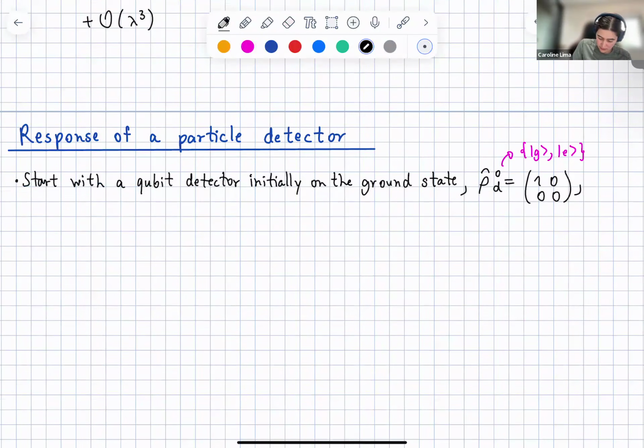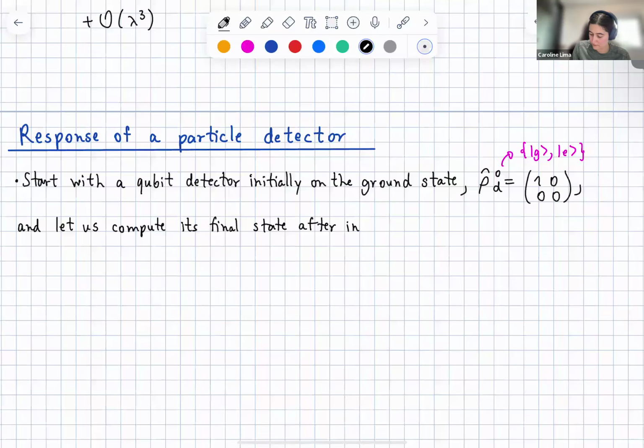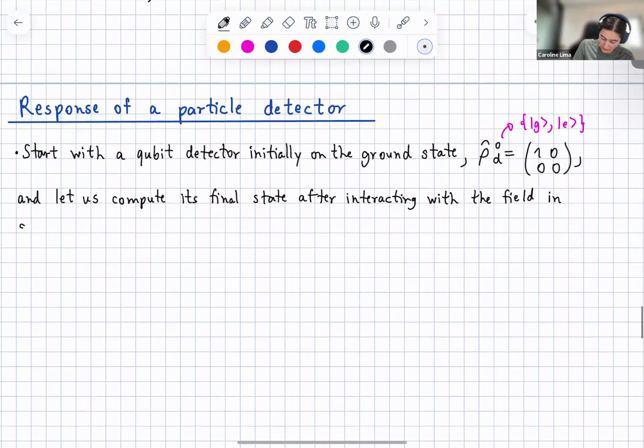And let us compute its final state after interacting with the field in some state. So here I'm just going to write some general state, okay? For the field.